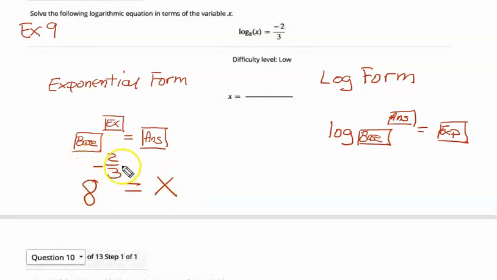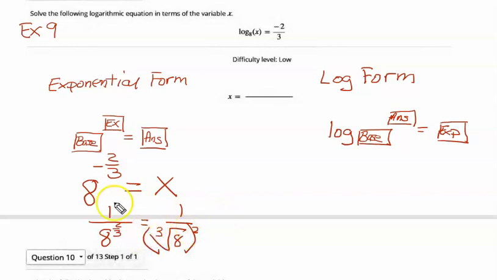Now keep in mind that this side becomes 1 over 8 to the 2/3 power, which equals 1 over, I'm going to convert it to its radical form, the third root of 8 to the second power.